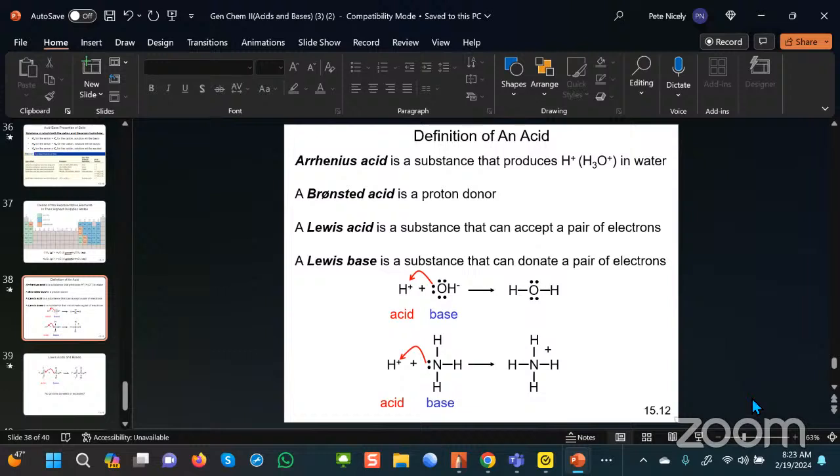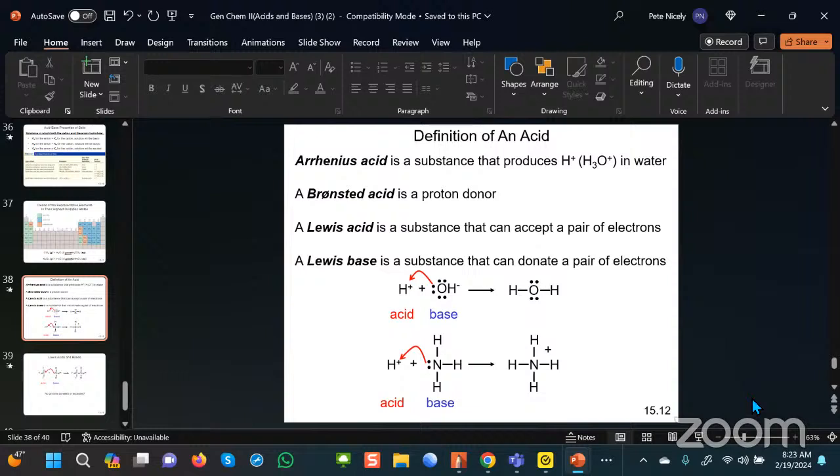That's the Arrhenius definition. And then we have the Bronsted definition of an acid, which says that an acid is basically a substance which is a proton donor. And I think I remember saying that the Bronsted definition kind of broadens the definition such that it includes a wider variety of compounds as acids, all right?